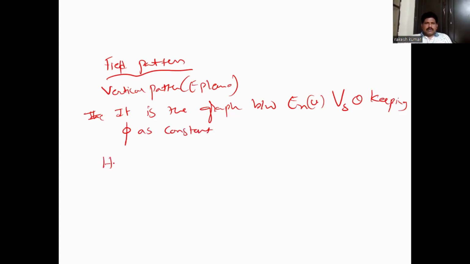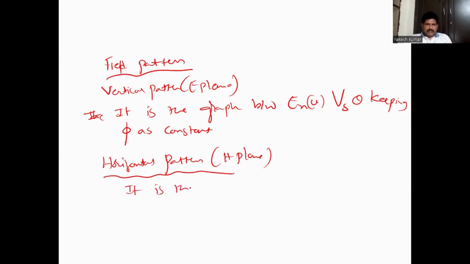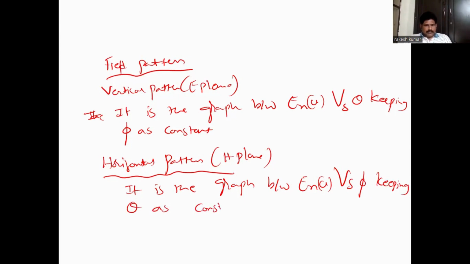Similarly, how to draw the horizontal pattern, or H plane? It is the graph between normalized field pattern versus phi, keeping theta as constant.